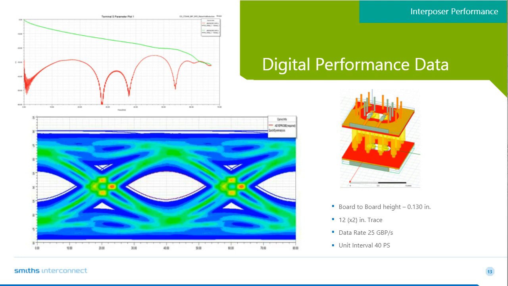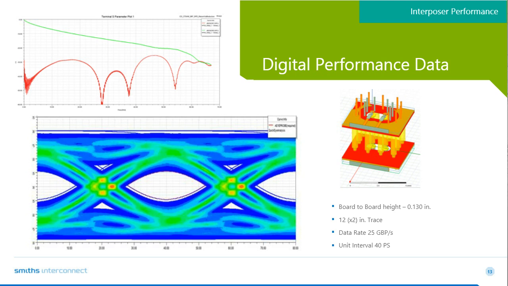So in this particular simulation, we added 12 inches of trace on both ends. On the top board, there was 12 inches of trace, and on the bottom board, so to include a total of 24 inches of trace, and then the vias as well in this particular example.